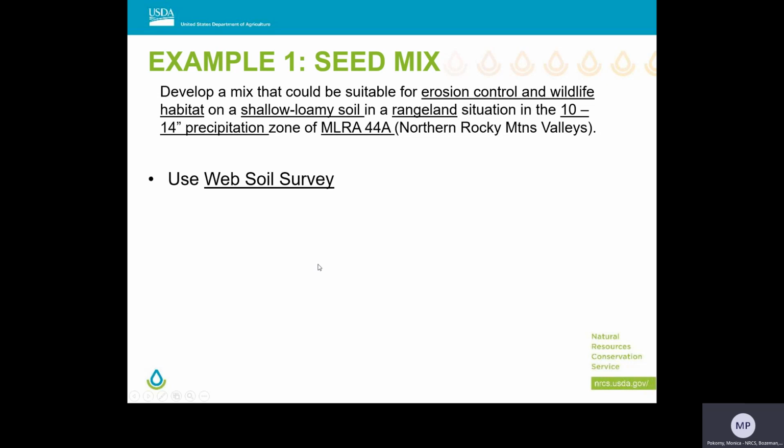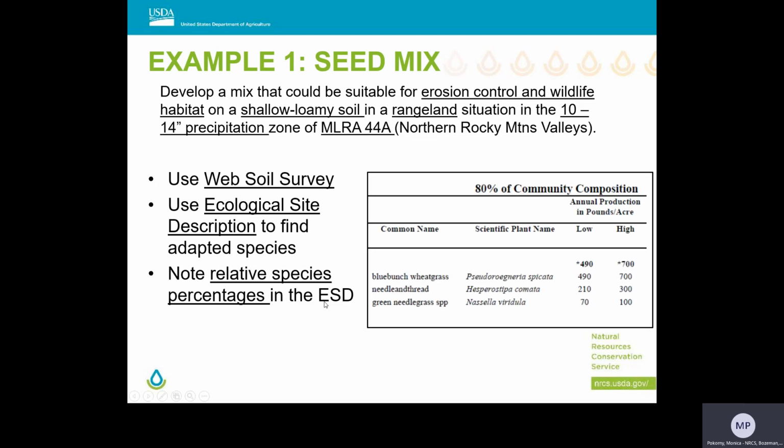And I know that I can go to my web soil survey and my ecological site description to find species that are going to be adapted to that site. I also want to look at not just what species are adapted, but what the relative percentages of those species are. It'll help me determine what proportion I'm going to include of each of those species in the seed mix.